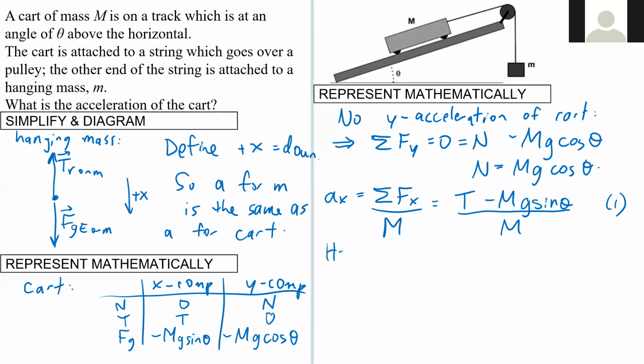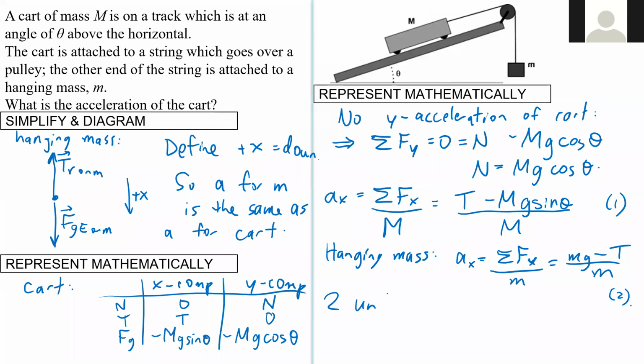And then for the hanging mass, what we've got is a sub x is equal to the sum of the forces in that x direction, which I've defined as down, divided by lowercase m, because that's the mass of the hanging mass. It's little mg minus the tension, all divided by little m. We can call that equation 2. So we have two unknowns and two equations.